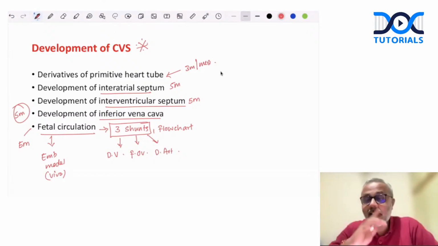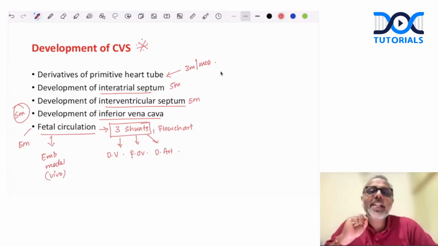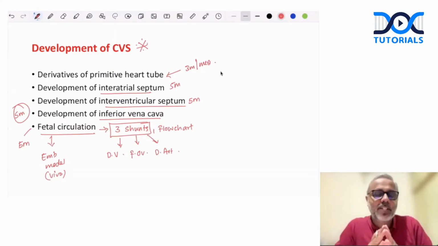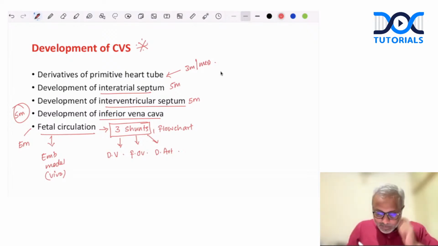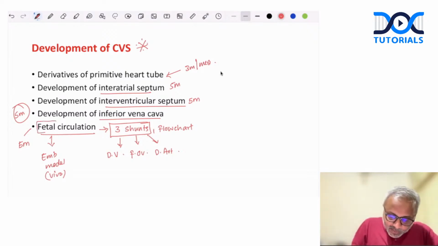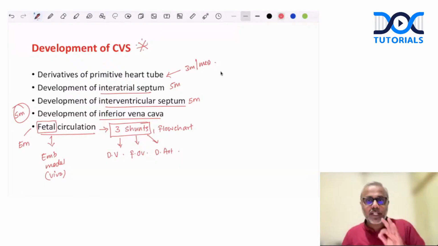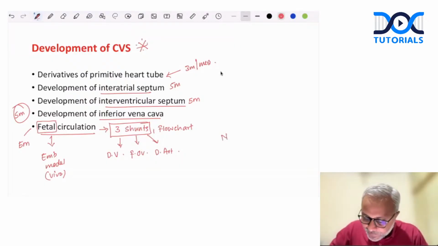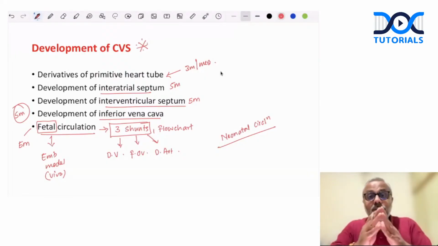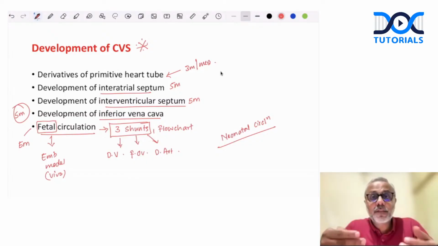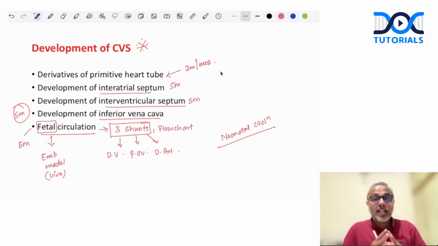So these are the 3 shunts, and we need to mention how these shunts divert the blood in fetal circulation. Then, remember, there is a clear-cut difference between the terms fetal circulation and neonatal circulation. In neonatal circulation, we need to explain the changes that occur after birth. What happens with the first breath or the first cry? How do the shunts get closed?